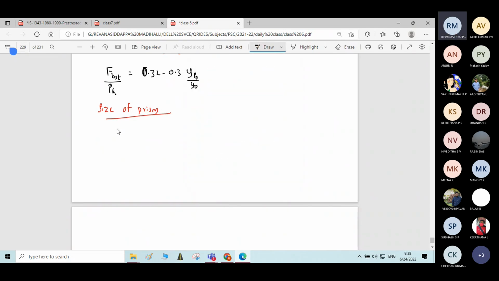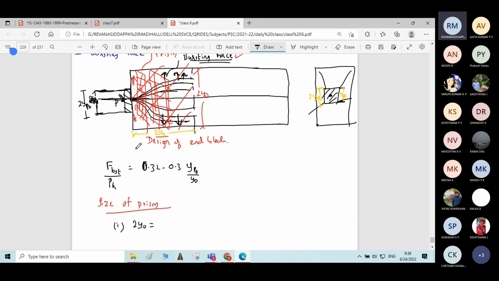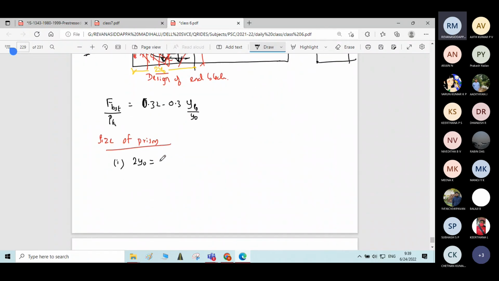The first calculation: 2y0, the size of the prism, is nothing but the length of the prism. This 2y0 length is calculated in two ways. One is 2 times y1.